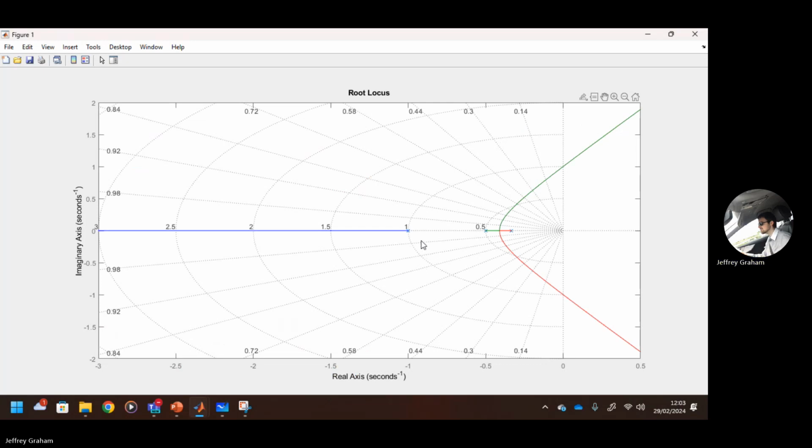Right. The blue branch is on the real axis. It's left to the imaginary plane, so that doesn't have any impact on what we're looking at. We're going to analyze the red and the green. Right, move this data point to the imaginary axis intercept. Should be about that. Make a bit easier, we'll zoom in on it.